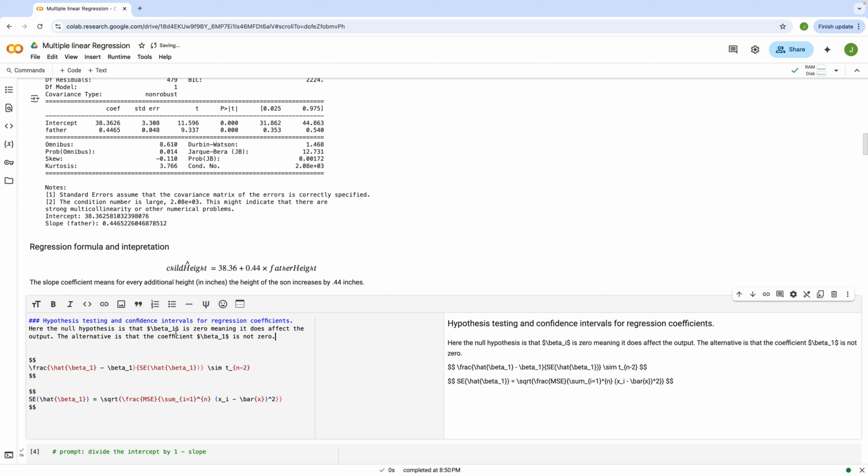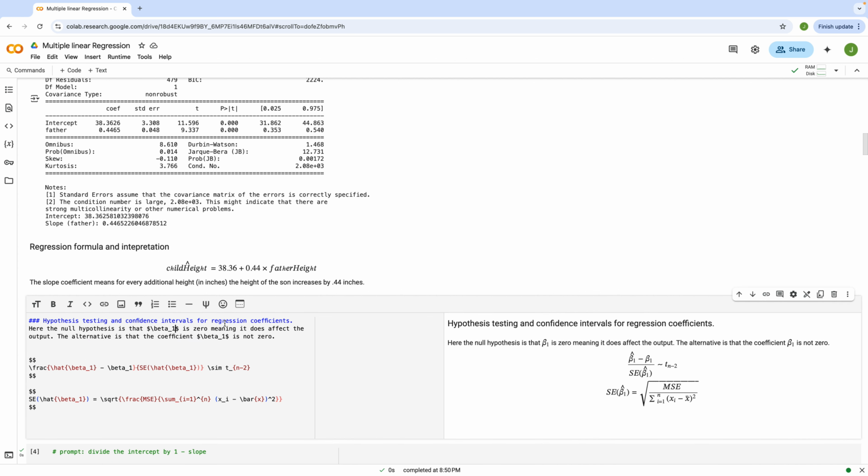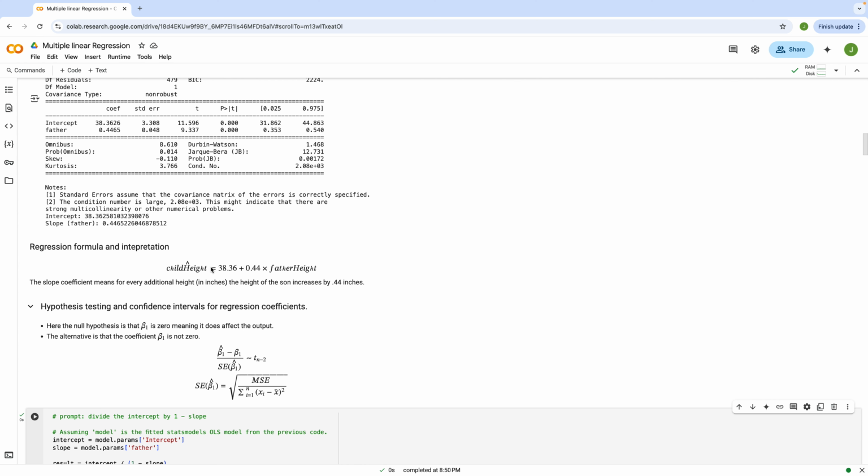And here this should be beta 1. So that's our null and that's our alternative.